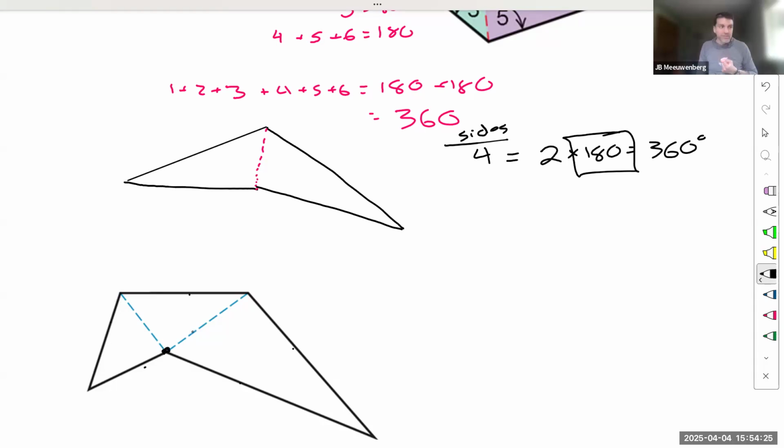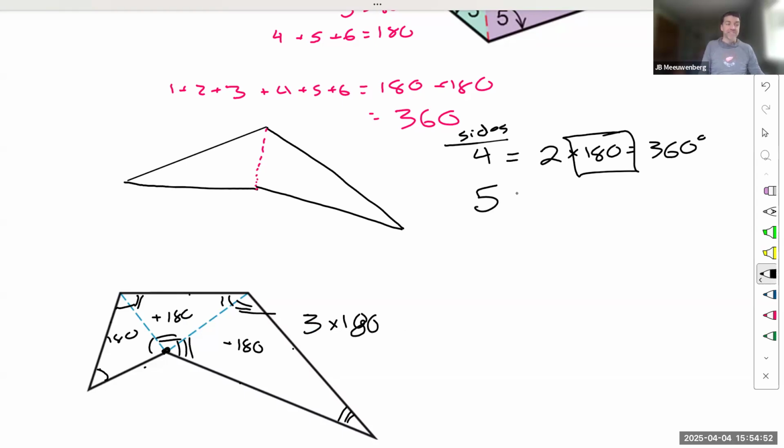Each of those triangles has 180 degrees. So if we add all of those angles together, we're going to get 180 plus 180 plus 180, or 3 times 180.